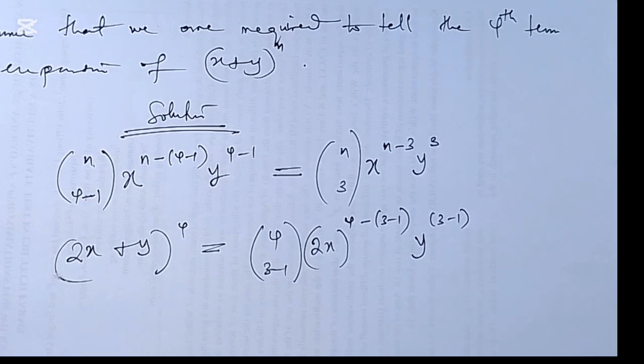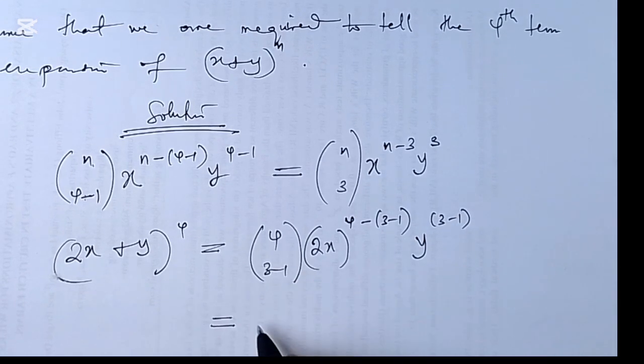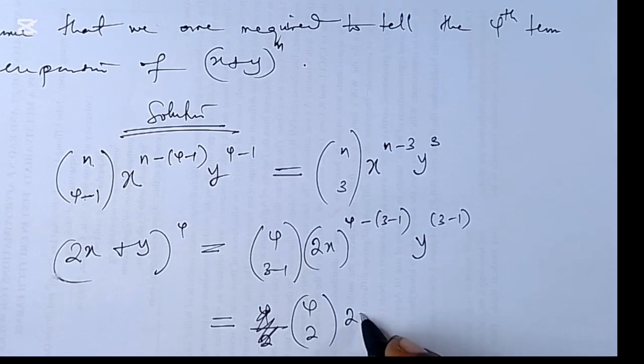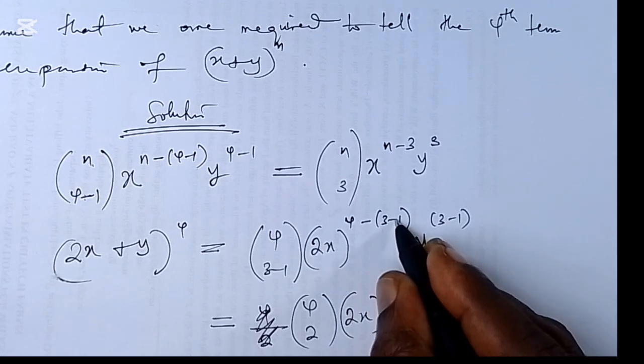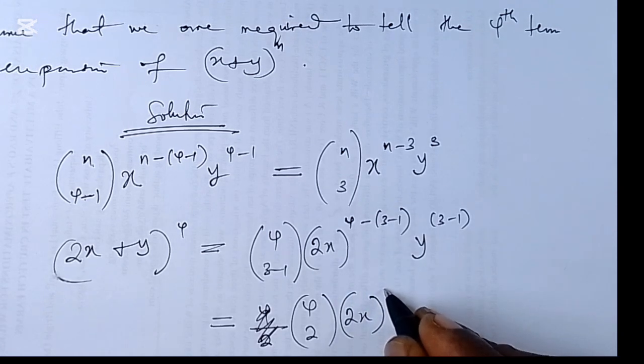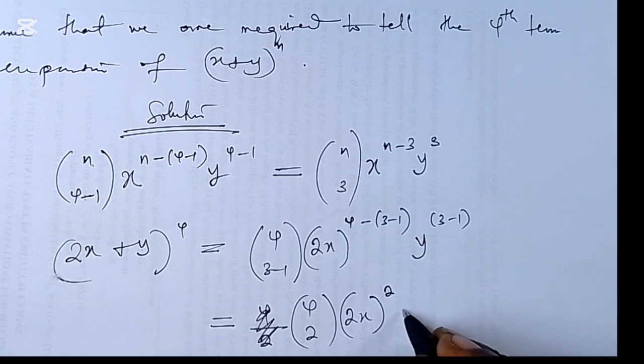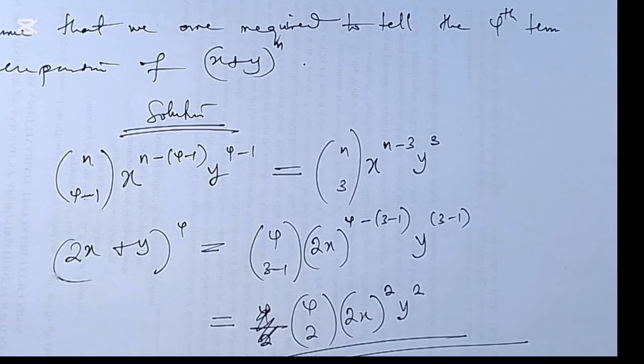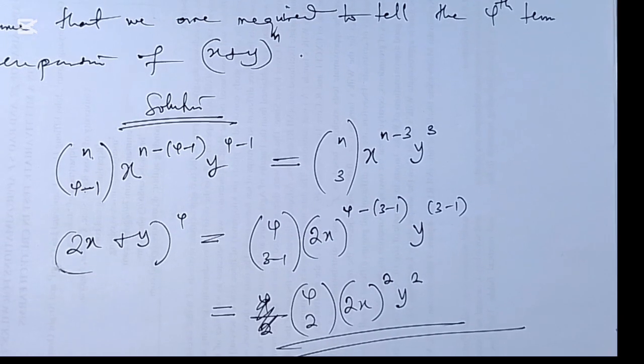Okay, and that will now mean that this will give you 4 combination 2, sorry, this should have been 4 combination 2, okay, and this will be 2x raised to the power of 3 minus 1 is 2, this will be 4 minus 2, which is 2, and this will be y raised to the power of 2. So this will be the third term of that expansion.